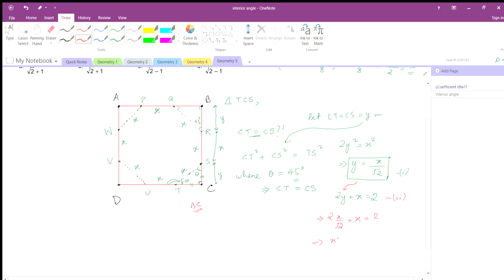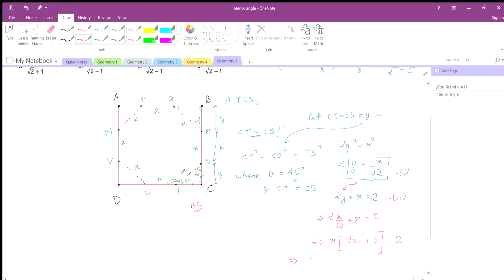Take x common, you will get x times root 2 plus 1 is equal to 2.